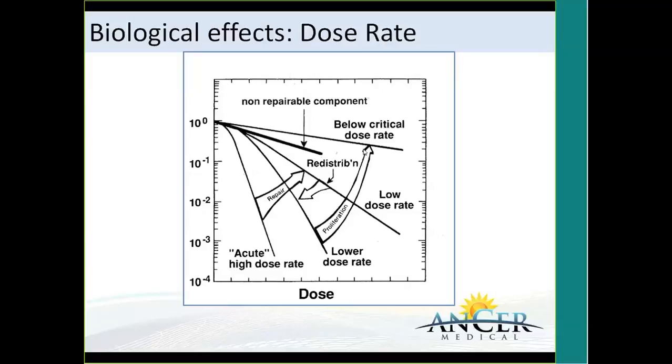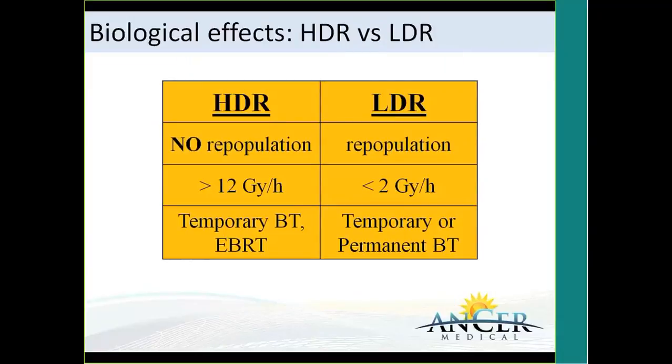When people usually compare HDR and LDR, they say one is above 12 gray per hour, the other is less than 12 gray per hour, or HDR is the machine that people have in their vault next to the LINAC.